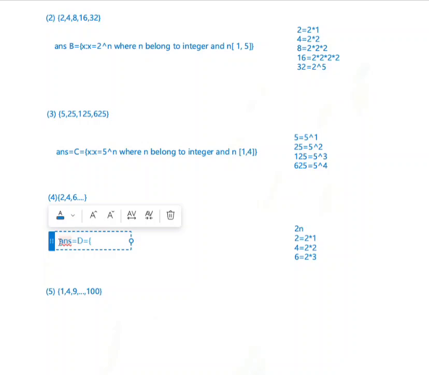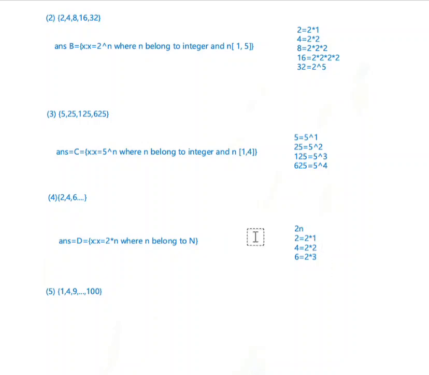So here we can write the answer for part D: x is equal to 2 multiplied by n, where n belongs to natural number, and the natural number symbol is capital N. So this is the pattern, and there is no limit, so we can just write n. This goes till infinity, so we have no range.